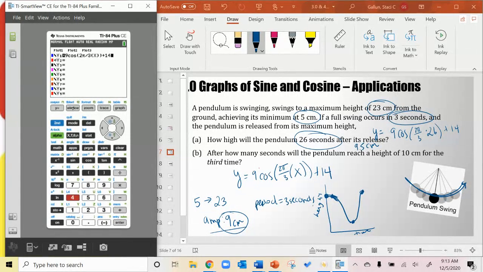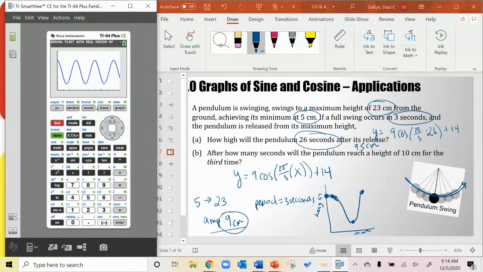Let's change the window. So the minimum is 5, the maximum is 23. I'll just change this to 30. Oh, no. Wow. 0 to 30. And this is just 3 seconds, so I'll just go ahead and say like 10. Cool.